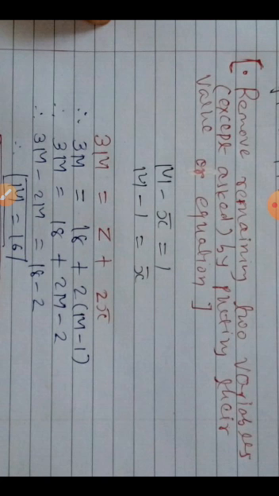In this type of equation you just keep the unknown at the left side and numbers at the right side, or the unknown on any one side and numbers on the opposite side. So 3m minus 2m, 1m equal to 18 minus 2, 16.